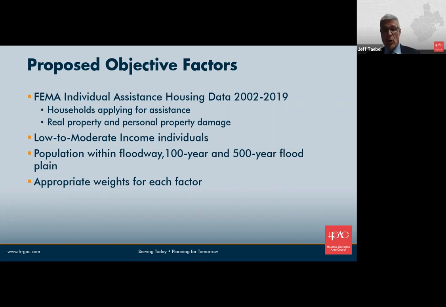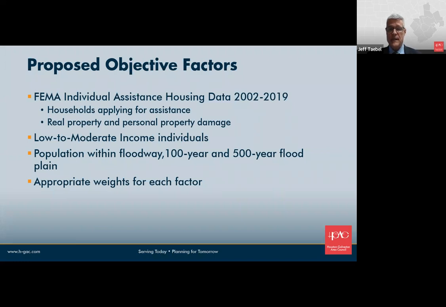Next factor we're proposing to include in our formula is the number of low to moderate income individuals. These are people defined as earning less than 80% of the area median income. And then finally, we're going to look at population within the floodway, the 100-year, and the 500-year floodplain.